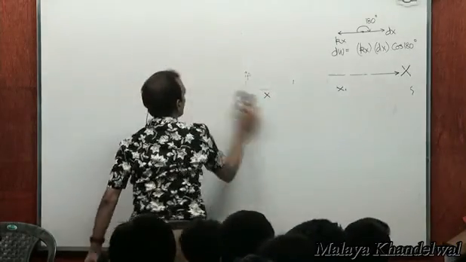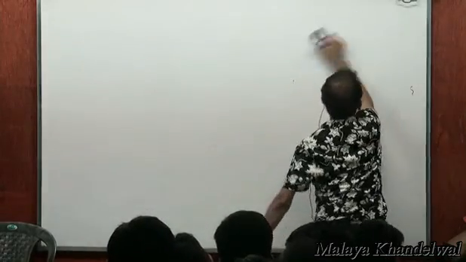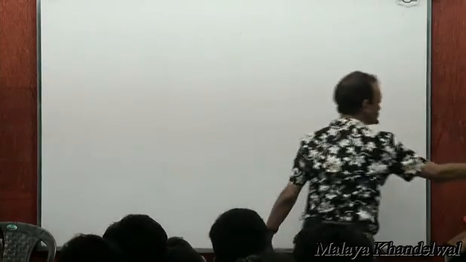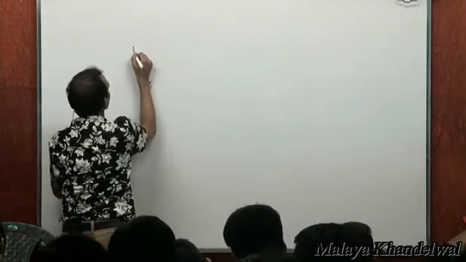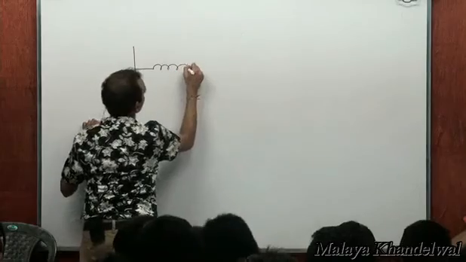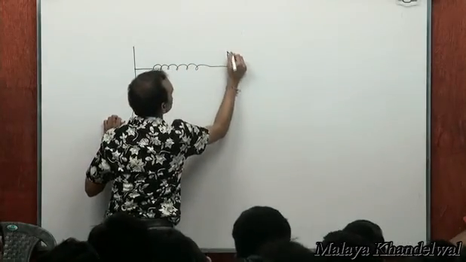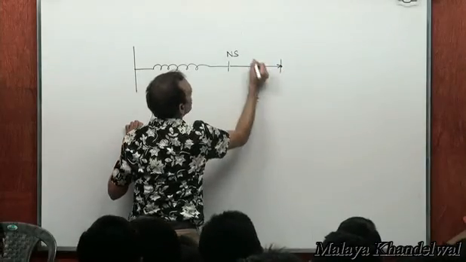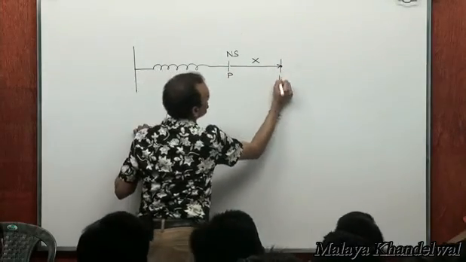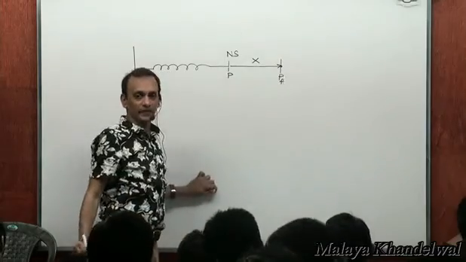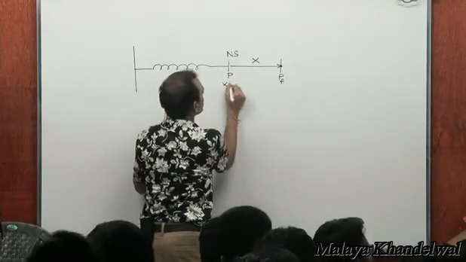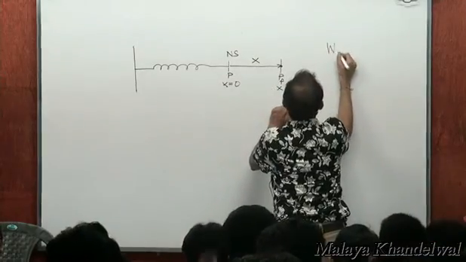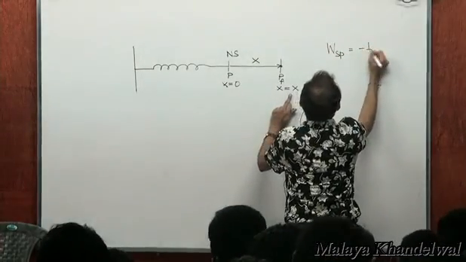Now, from this point, what it really means: if this is a spring, this is the natural state of the spring. If it's elongated by an amount x, if P goes to Pf, then from x equal to 0 to x equal to x, the work done by the spring force is going to be minus half k x squared.